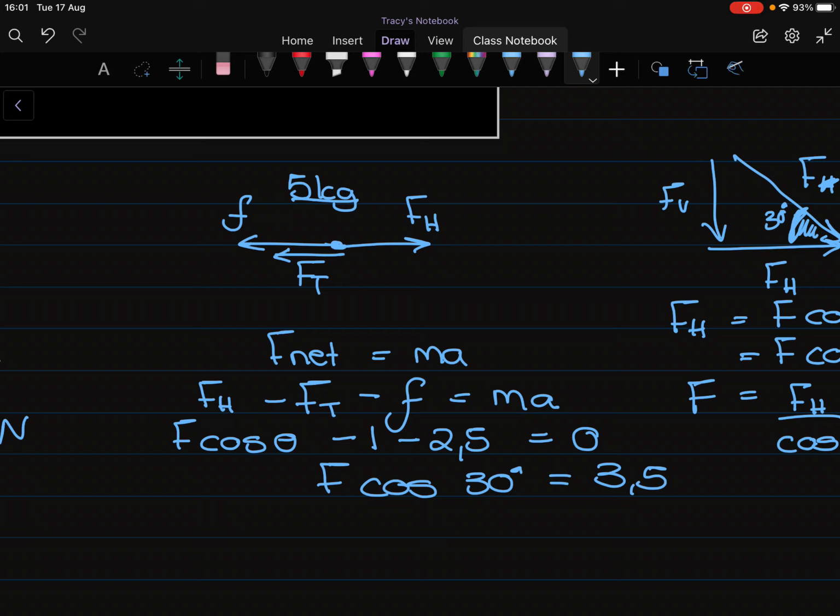We divide both sides by cos theta, and we get 4.041 newtons. So don't stress that you had two unknowns at the beginning. Because we knew what the acceleration was, yes, it happened to be 0, that's fine. We knew what the acceleration was, that makes it easier for us. So just do it one piece at a time. Don't get all anxious before you've actually even started the question.